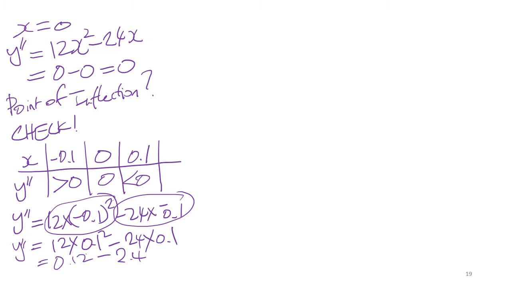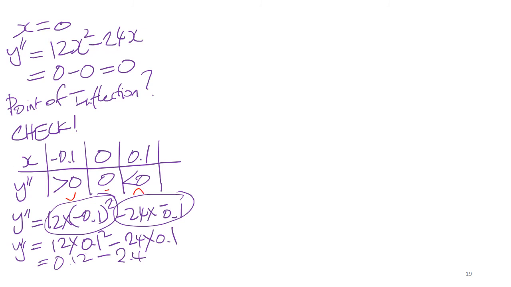So what have we seen here? The sign did change. The second derivative is positive, which means it's concaving up on one side, here I've got 0 gradient, and on the other side I will be concaving down.